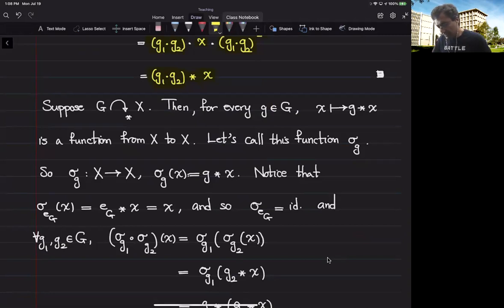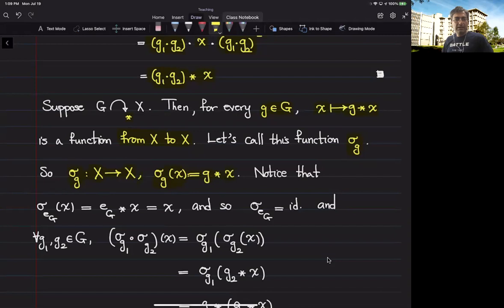So suppose that this is an action. Then for every element of the group, I'm going to look at the function from X to X that's induced by the action of the element G. So I let the element G act on the set X, and I end up getting a function from X to X. Let's denote this function by sigma sub G. So sigma sub G is a function from the set X to itself, and this function sends the point X to what G does to it.